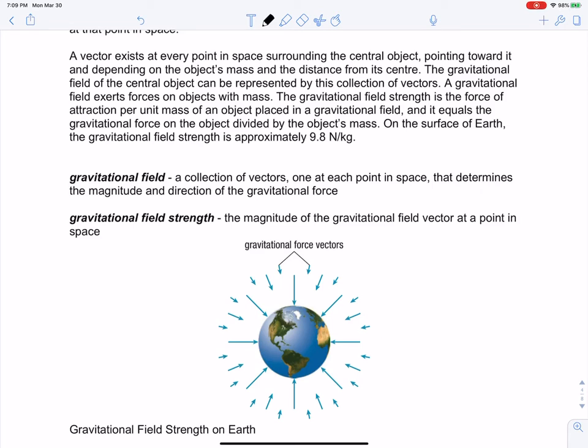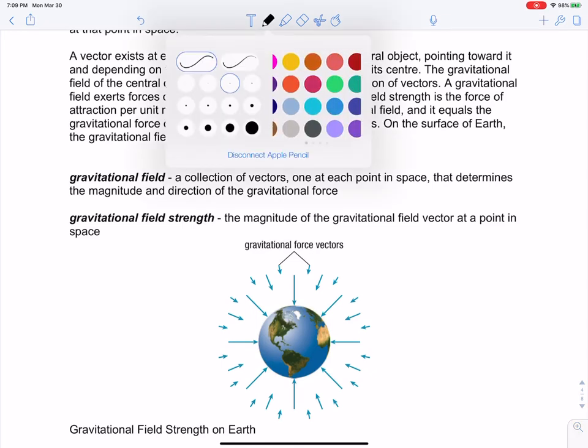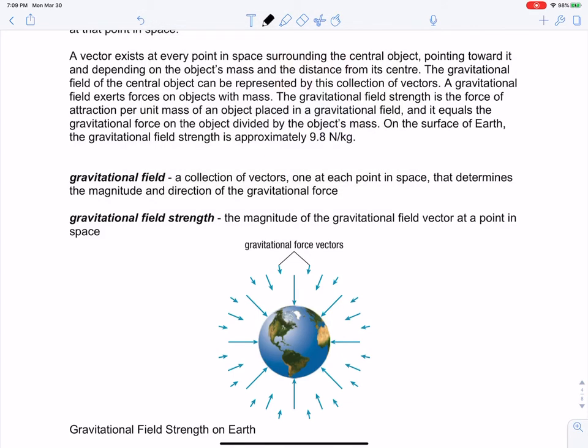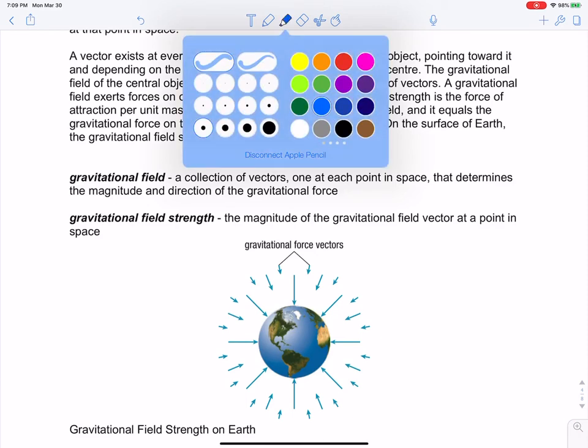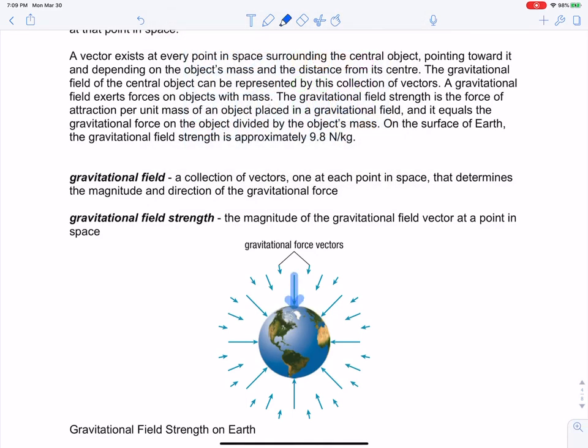The definition of a gravitational field is a collection of vectors, one at each point in space, that determines the magnitude and direction of the gravitational force. The closer you are to the surface, and I want to highlight this, the larger these force vectors are.